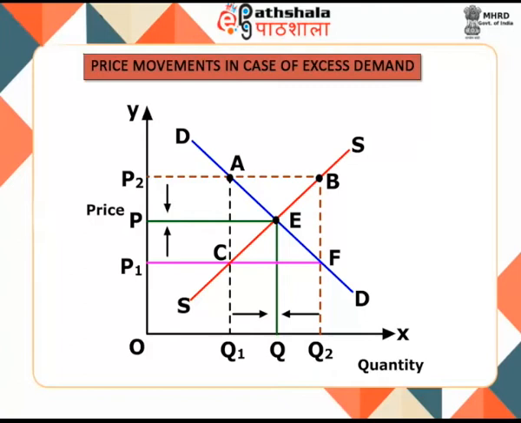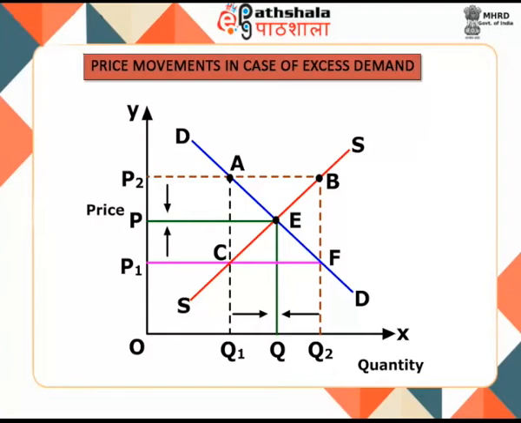When excess demand is positive, that is, P1F is greater than P1C, the quantity demanded is greater than the quantity supplied. The buyers will bid the price upward, and when the price rises, demand falls and supply increases, and the initial equilibrium position is reached at E.